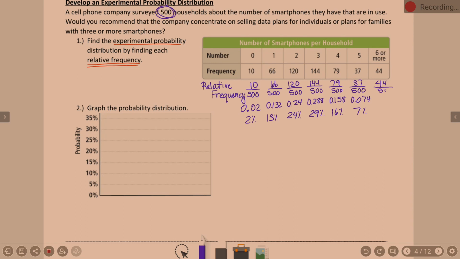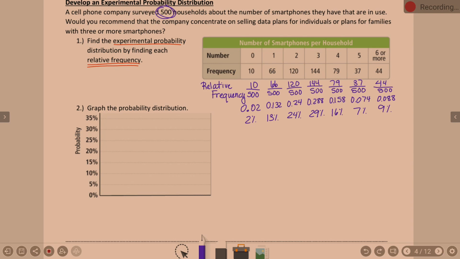And 44 out of 500 households with 6 or more phones. 0.088, which is approximately 9% here.